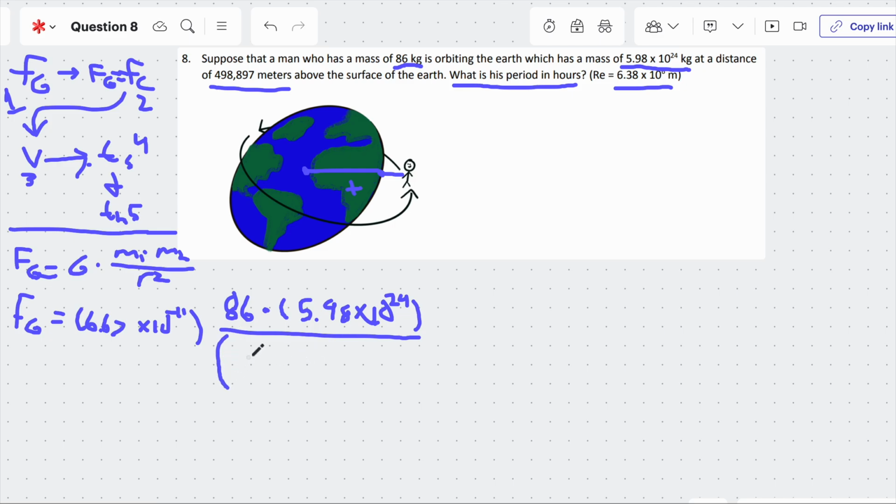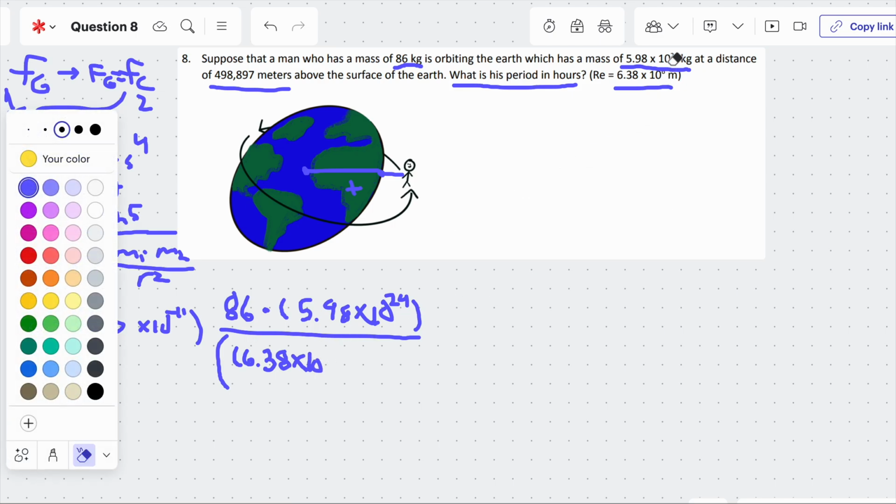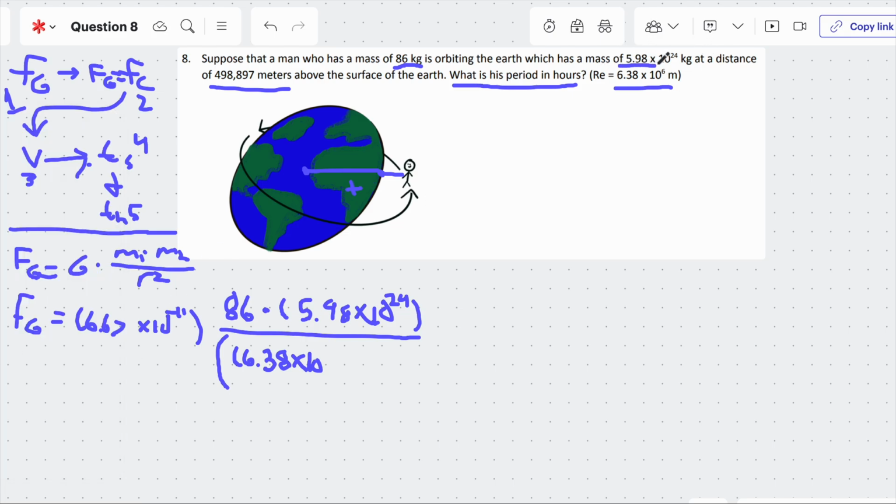I'm going to put this in one big parenthesis that we can just plug into calculator. So, big parenthesis. First things first, radius of the Earth, which we're going to put in a smaller parenthesis inside that. In your calculator, you can just do 2 sets of parentheses. Hold up. I can't see if that is a 6 or an 8 up there. That is a 6. Okay. Sweet. Times 10 to the 6th. Close that parenthesis. And then plus 4, 9, 8, 8, 9, 7.